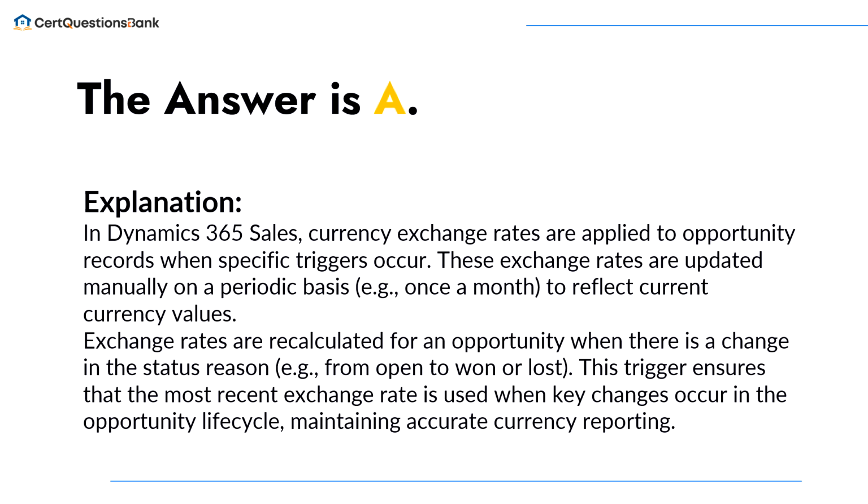Exchange rates are recalculated for an opportunity when there is a change in the status reason, e.g., from open to won or lost. This trigger ensures that the most recent exchange rate is used when key changes occur in the opportunity lifecycle, maintaining accurate currency reporting.